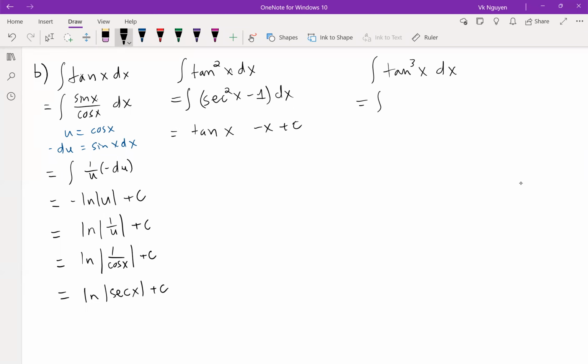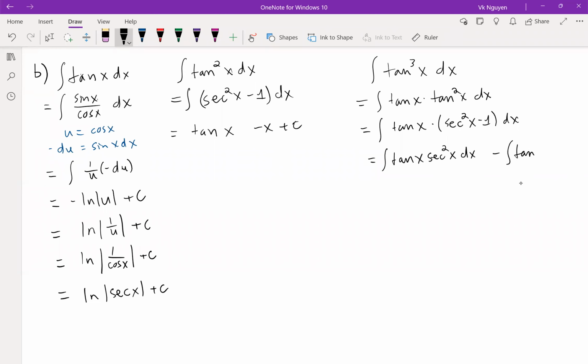The integral of tangent x multiplied by tangent square x dx, and use the identity on tangent square: tangent x times secant square x minus 1 dx. Split it into two integrals: tangent x secant square x dx minus integral tangent x dx.